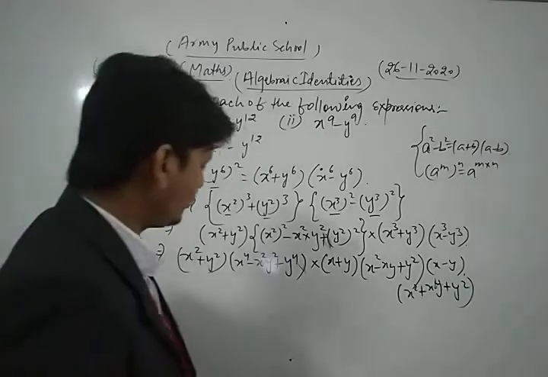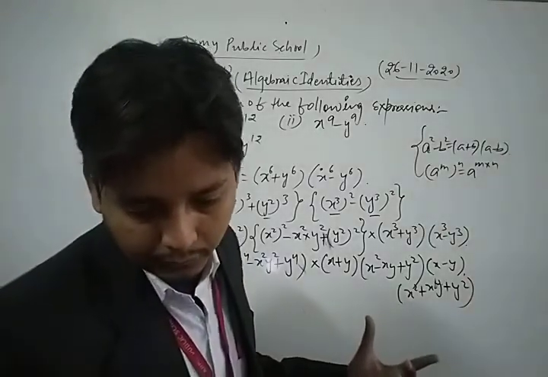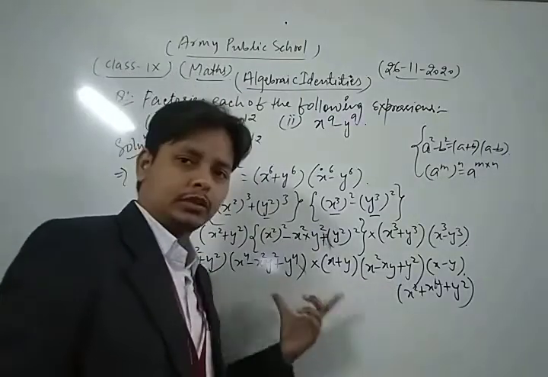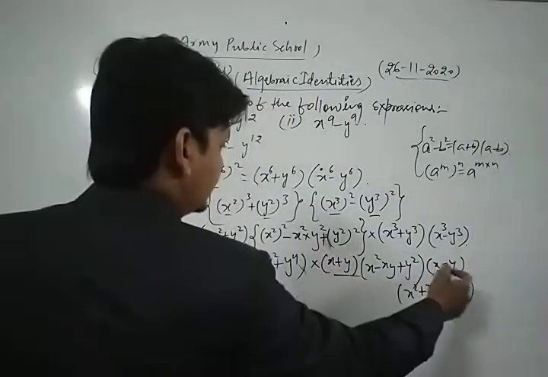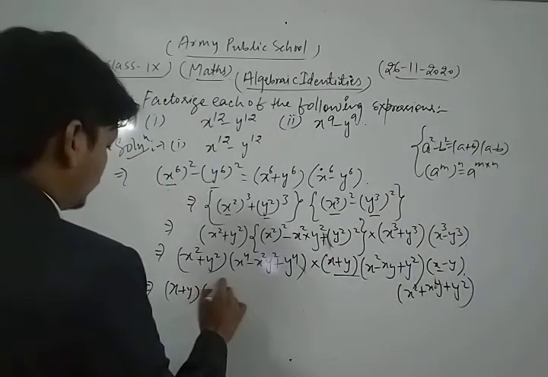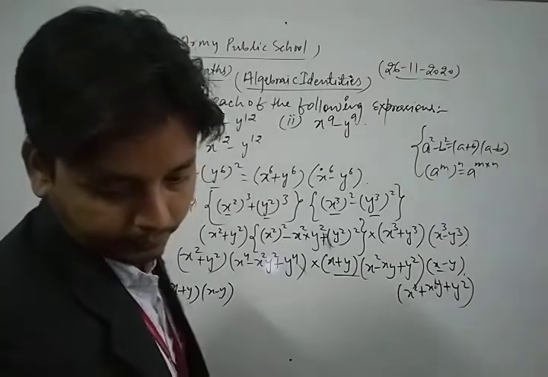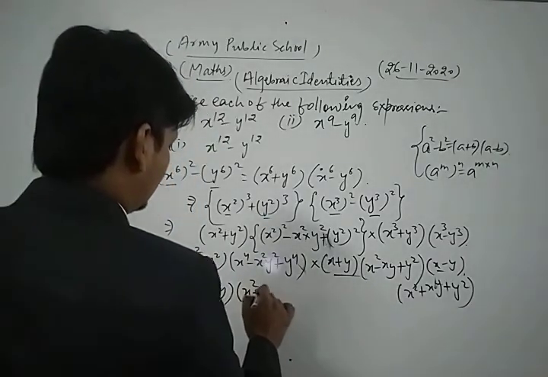Now we write in proper manner. We can write the given values in proper way. Now we take this first. Now we can write x plus y into x minus y, into x square plus y square.